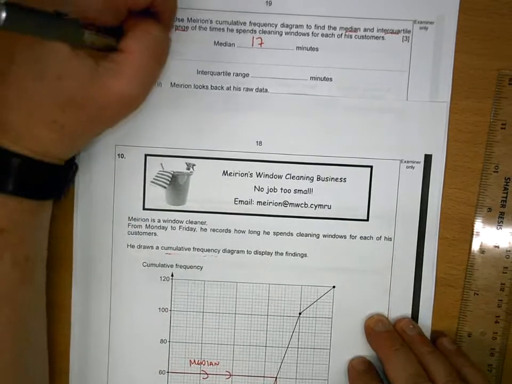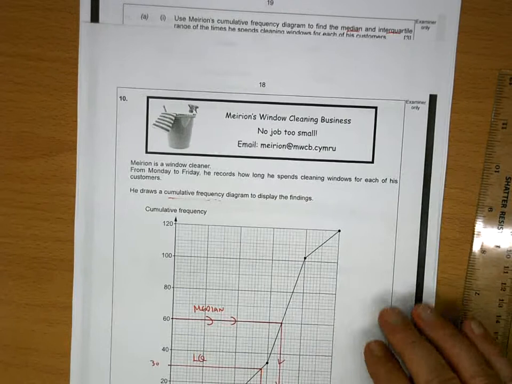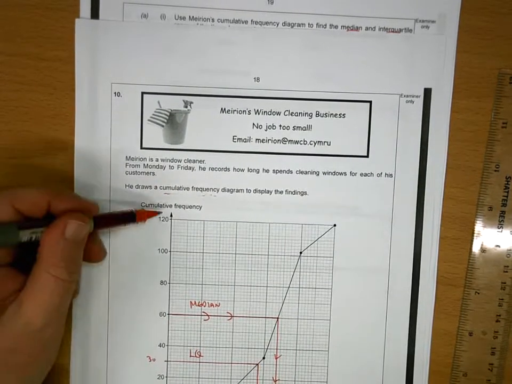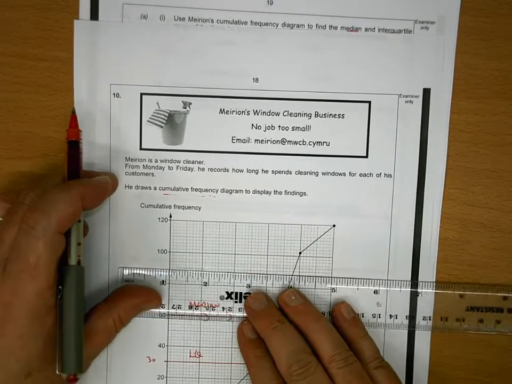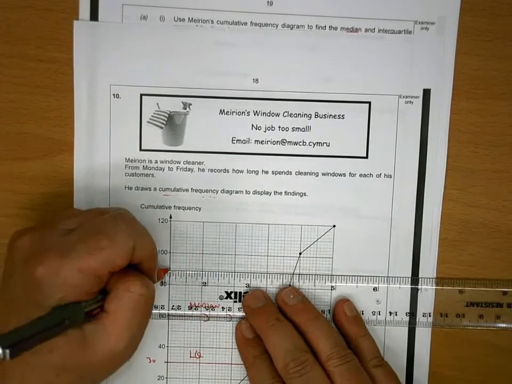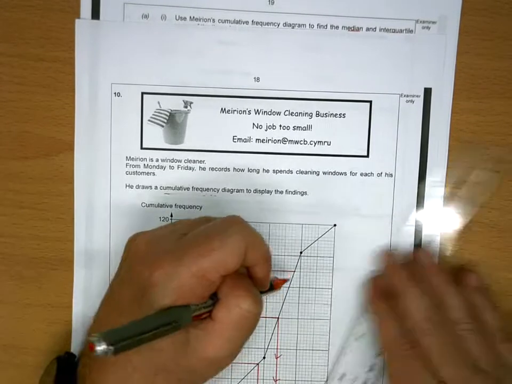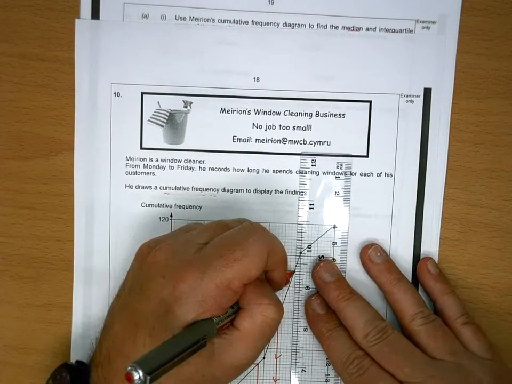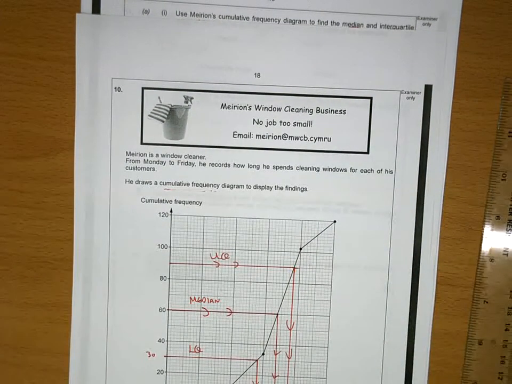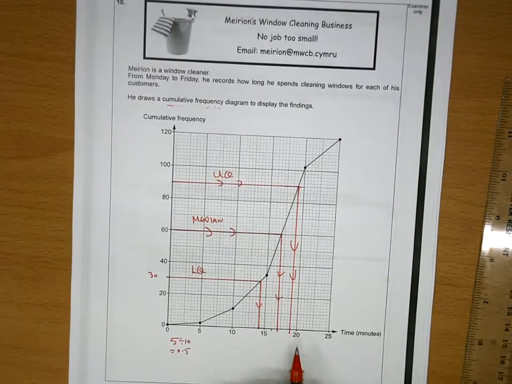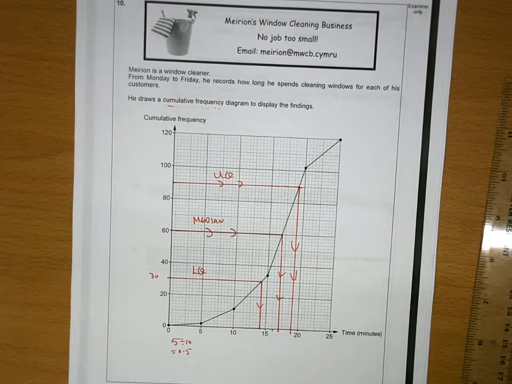The LQ equals 14. Then the upper one is going to be halfway between 60 and 120, which is 90. So we read that one off, and that one works out to be 19.